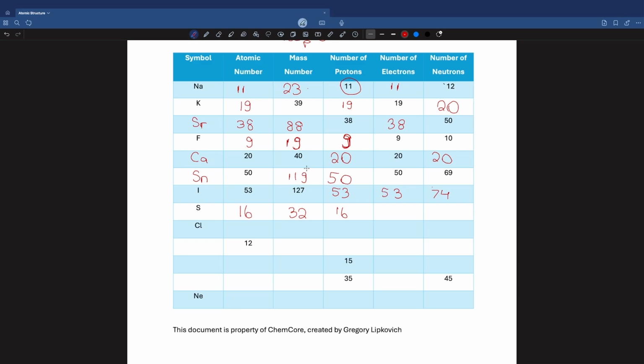And the number of electrons, well, sulfur is uncharged in this example, which means that the number of electrons must equal the number of protons, which is 16. The number of neutrons is the mass number minus the atomic number, which is 16.